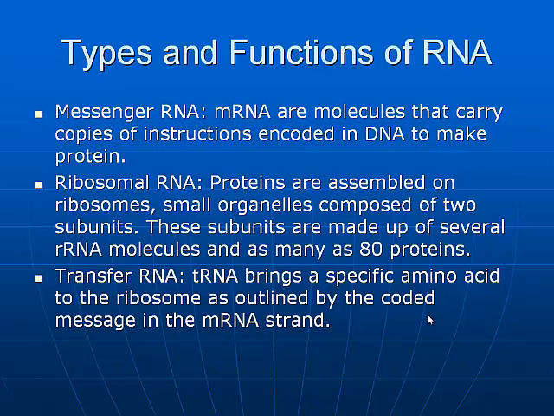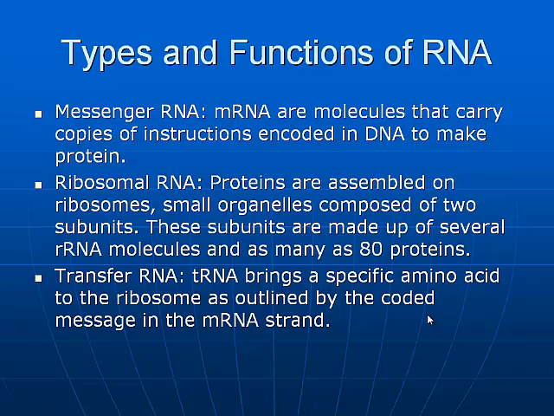Ribosomal RNA, or rRNA, actually works to assemble those proteins. The actual organelle which assembles the protein is the ribosome. These are made up of several rRNA molecules and as many as 80 proteins.